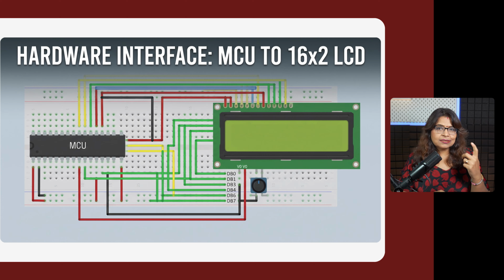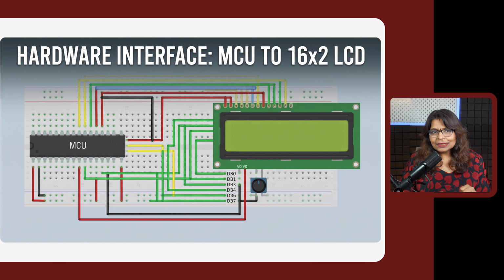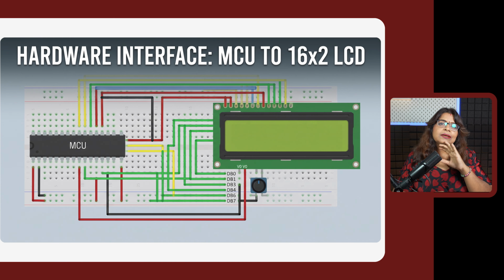Now that we know how the MCU and LCD are connected, let's take a simple basic LCD, a 16x2 character LCD. There we use a few control lines, signals between the microcontroller and the LCD. What are those control lines?